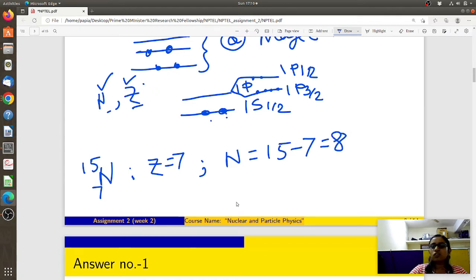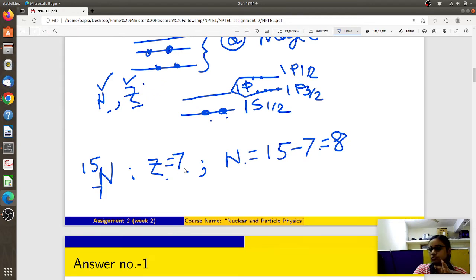So Z equals 7 and N equals 8. As a whole 15 nucleons are there, but considering neutrons and protons separately, 7 protons and 8 neutrons are there.